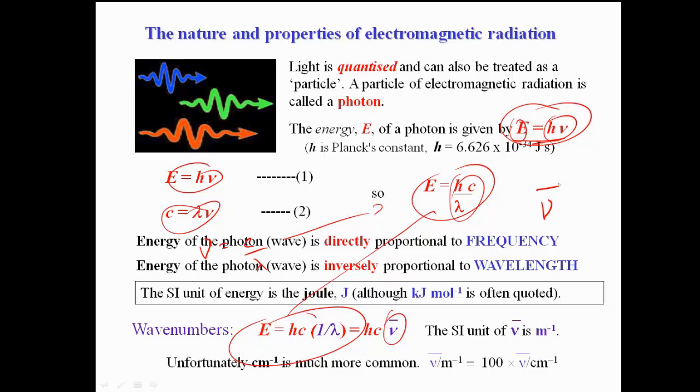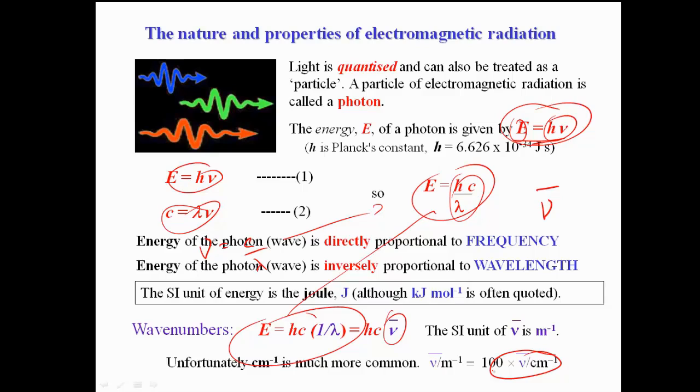As I say here, in SI units, for length, we use meters, so nu bar, 1 over the wavelength, should be meters minus 1. But you'll find in a lot of spectroscopy, it's defined as centimeters minus 1, especially when we move on to infrared spectroscopy. If you see an infrared spectrum, it's usually defined in centimeters minus 1.